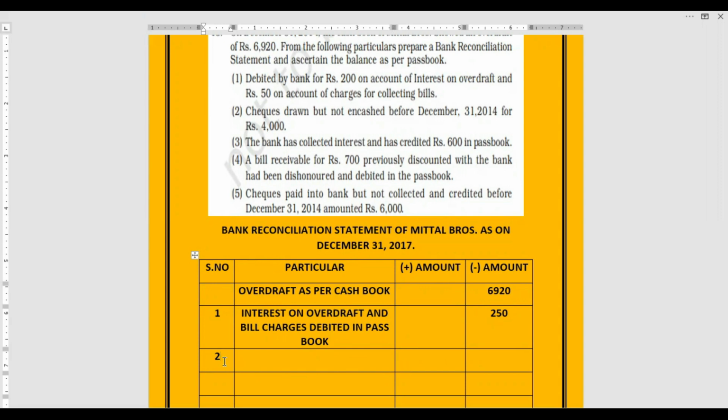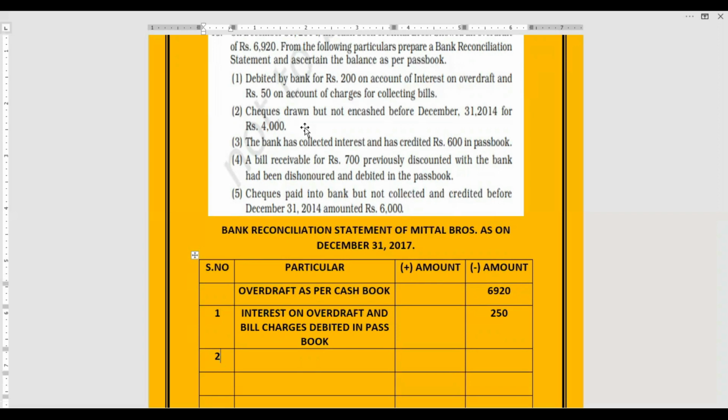Second one, cheque drawn but not encashed before December 31st, 2014 for the amount of 4,000. Cheque drawn means we wrote a cheque to a party. We hand over the cheque to the party. The party did not go to the bank and take the money as cash. He did not encash it. As soon as we give the cheque, in the cash book it is reduced.